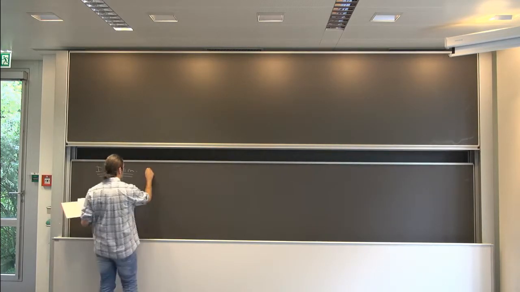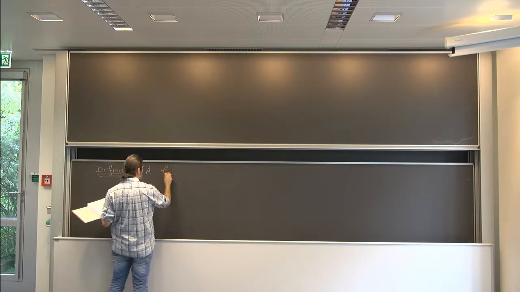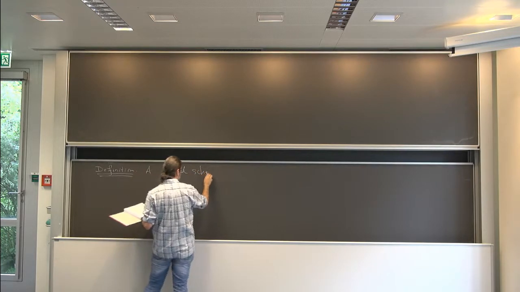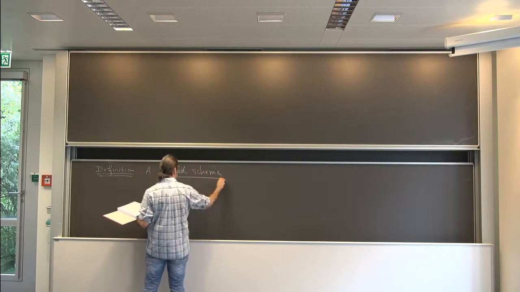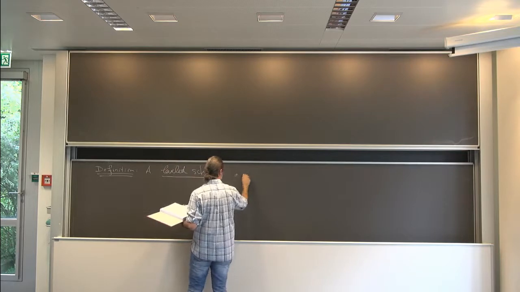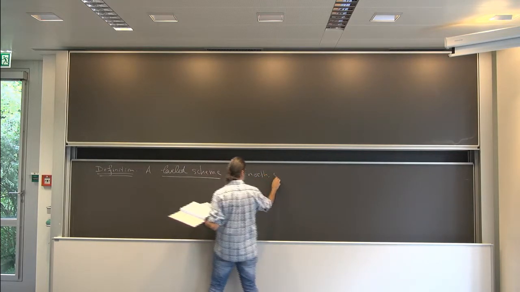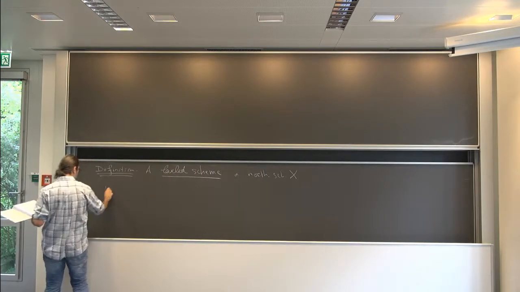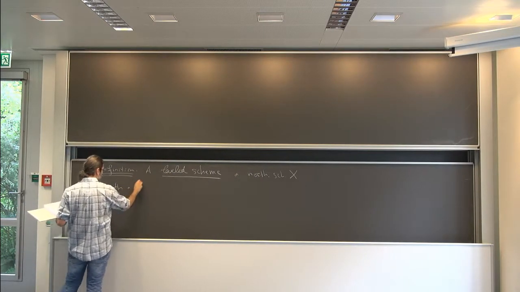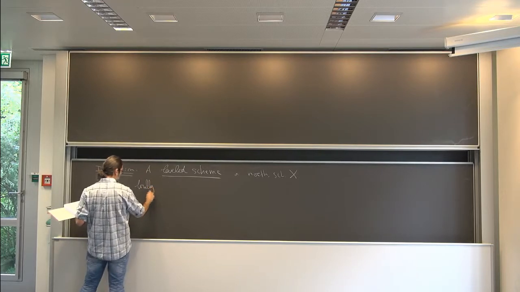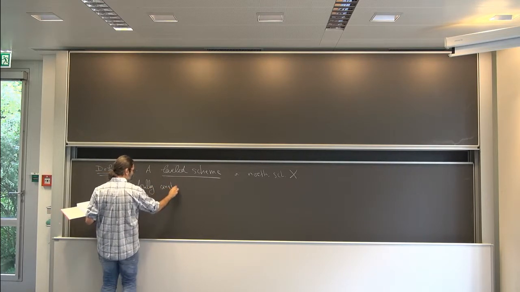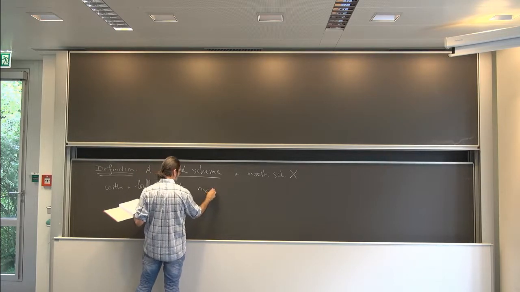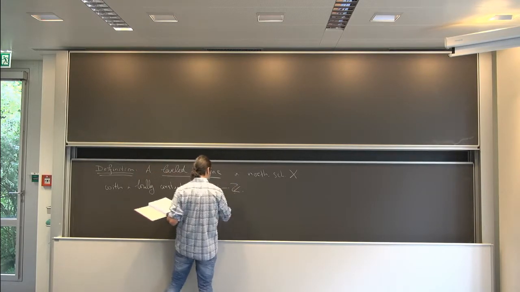So I call a leveled scheme simply a Noetherian scheme X with a locally constant function n_X from X to the integers.